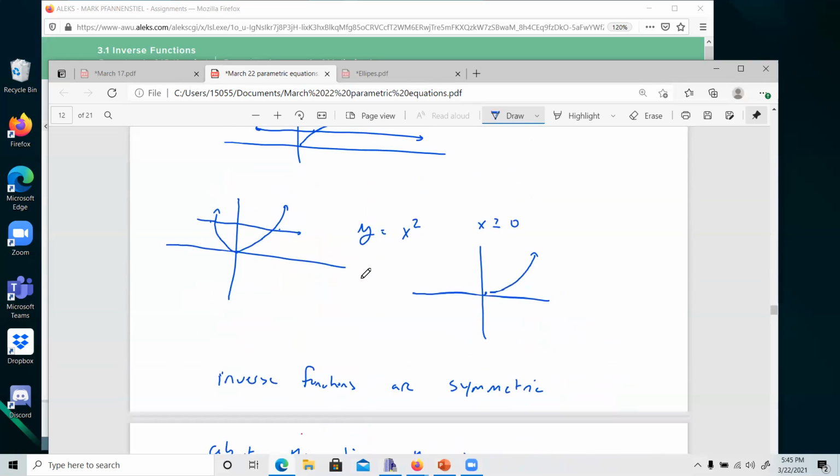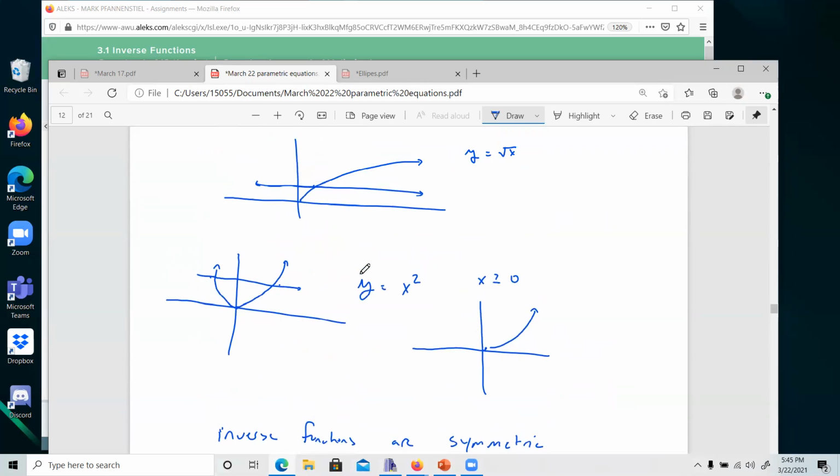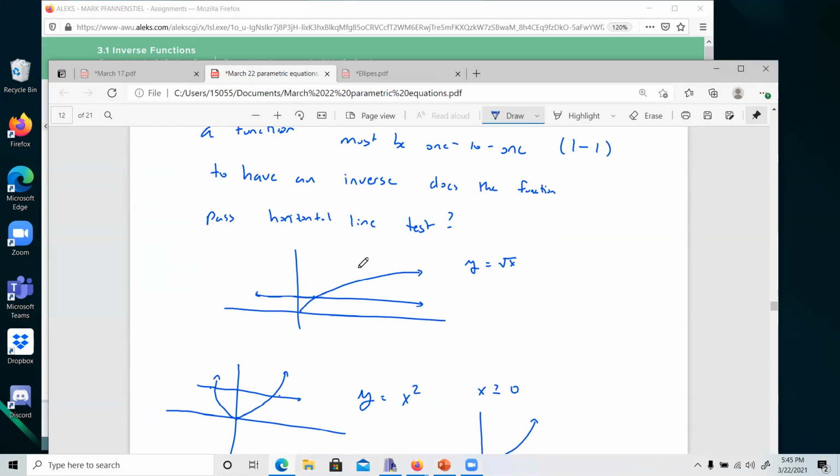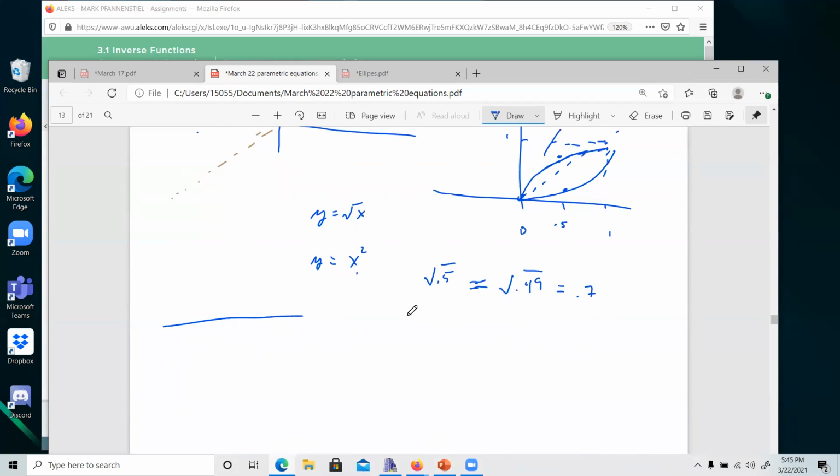But yeah, so we're talking about inverse functions, and the properties are that they have to pass the horizontal line test, and they are symmetric about the line y equals x. The function composition: if f has an inverse, we're going to call it f inverse of x.